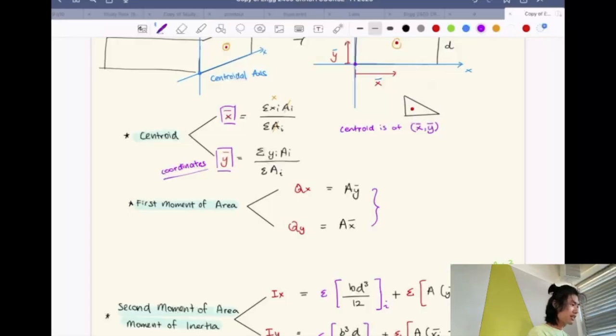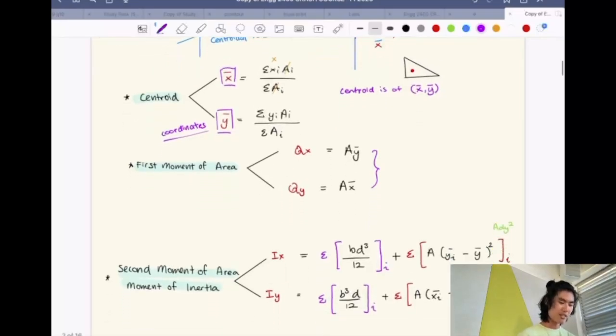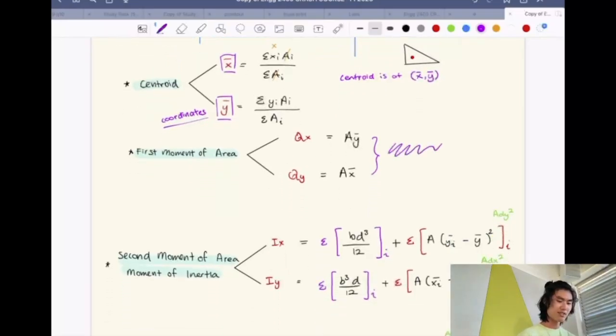This is actually known as the moment of a shape. It's a bit weird to understand, but you don't even really use it too much at this point. It's only used in torque and torsion, which will be talked about later. But don't really worry about this one. It's not too important right now.